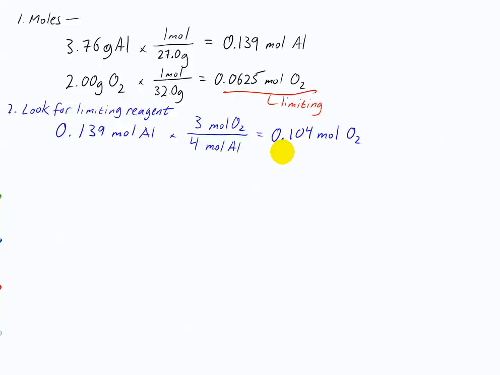So then our third step is calculate yield based on limiting reactant.